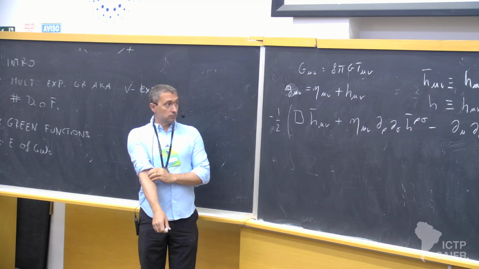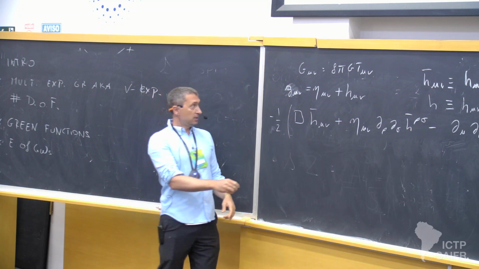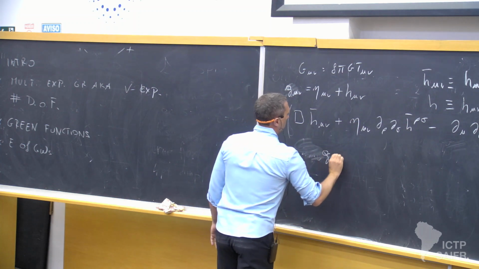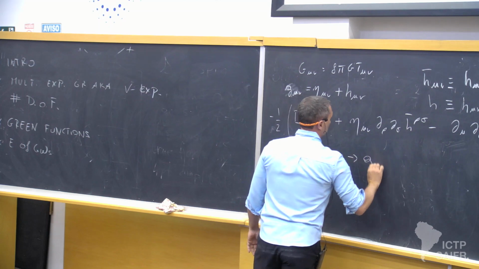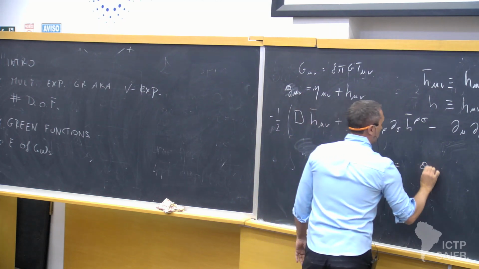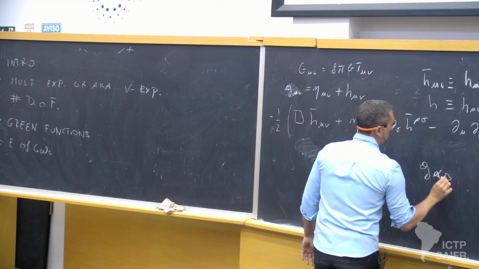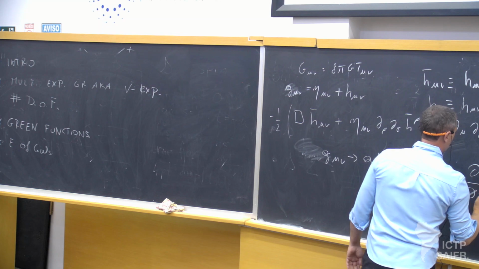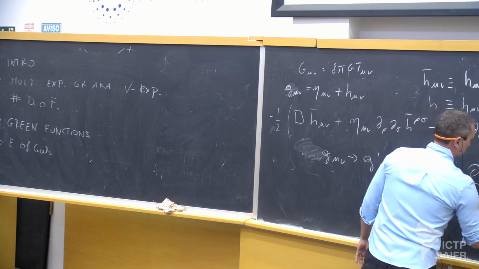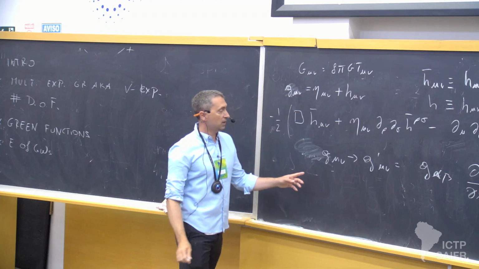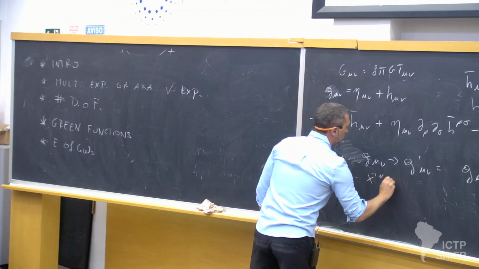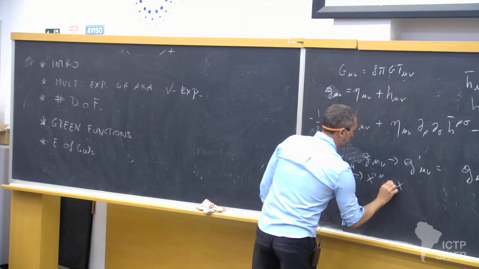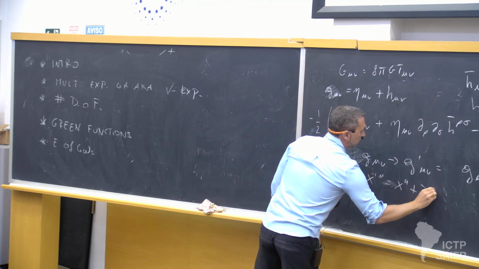You don't see it by eye probably, but you can check it, that the general relativistic coordinate transformation, if I make a coordinate transformation, x^μ going to x'^μ equal to x^μ plus ξ^μ.